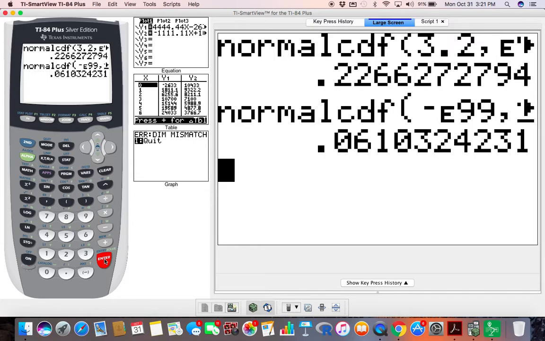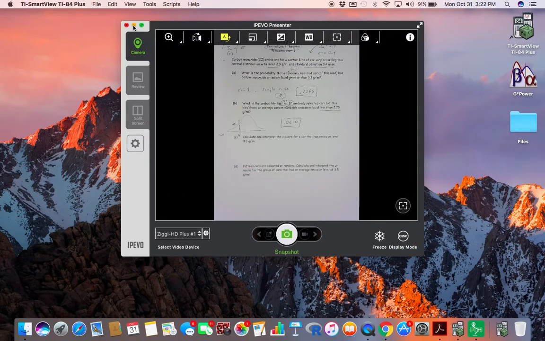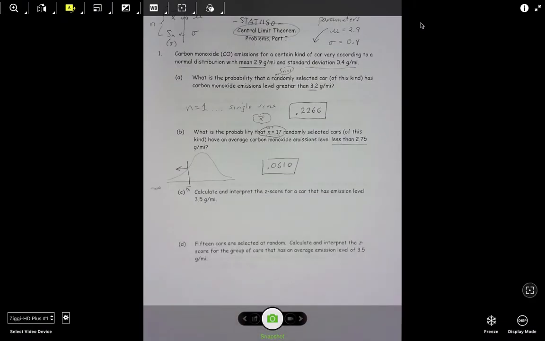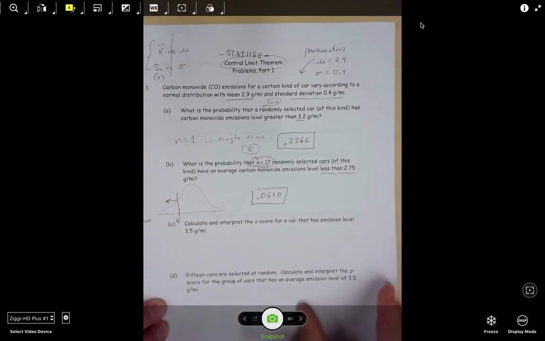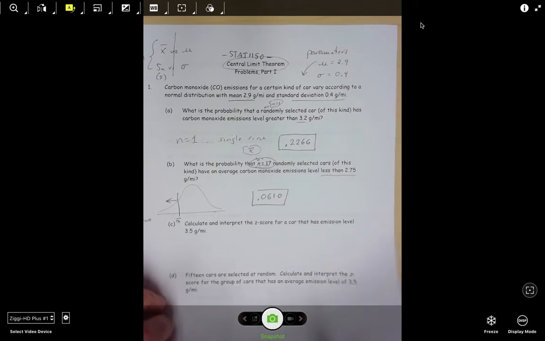0.0610. Now, I told you earlier that I wanted to illustrate something, and I want to just stop now and illustrate that while I'm thinking about it. Okay, let's say, for example, let me turn over, and I want to kind of validate a statement that I made.